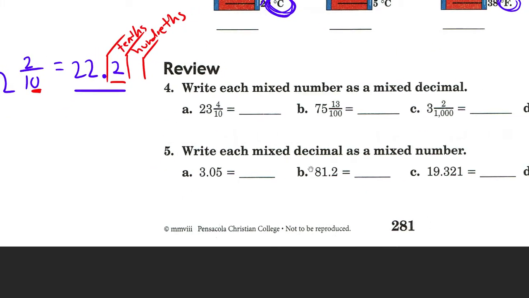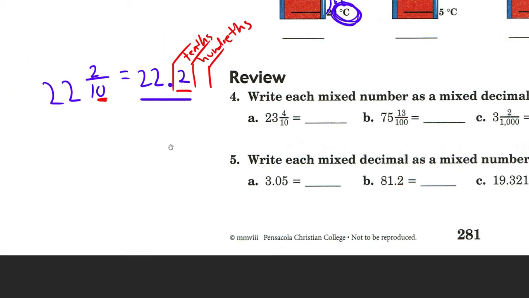Number 5, write each mixed decimal as a mixed number. So you're changing 3.05 to a mixed number. Let's do an example question with 2.04 instead. So 2.04 or 2 and 4 hundredths. Write that as a mixed number. What you would need to do first is write your whole number, which is 2. One trick you can use is see how many place values there are.